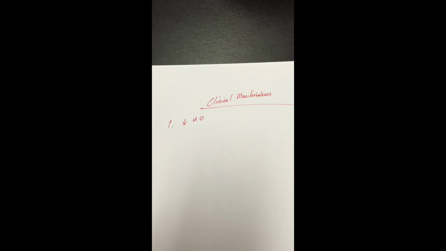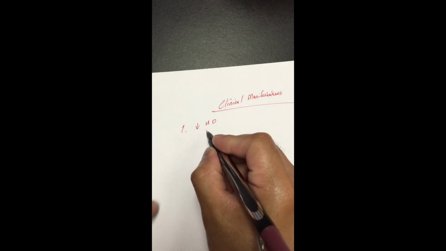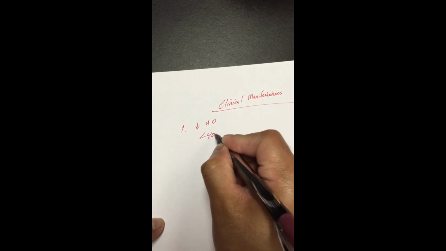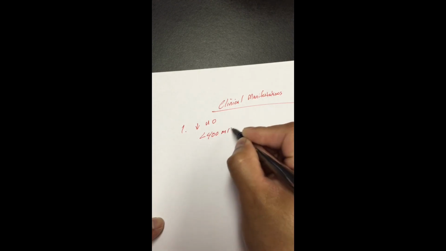If, for example, the problem is post-renal, maybe the patient has BPH, well, they have the urge to void, but they can't because there's some type of occlusion there. So again, decreased urine output occurs. Now, what you want to watch out for is a urine output of less than 400 mL per day.